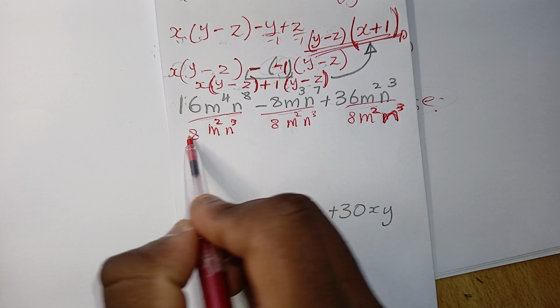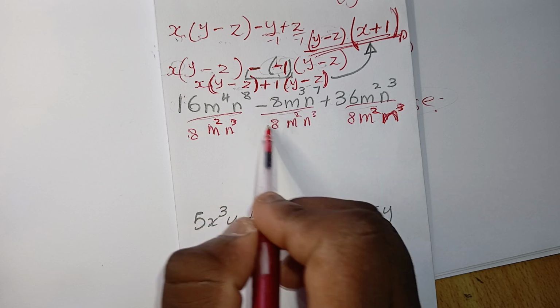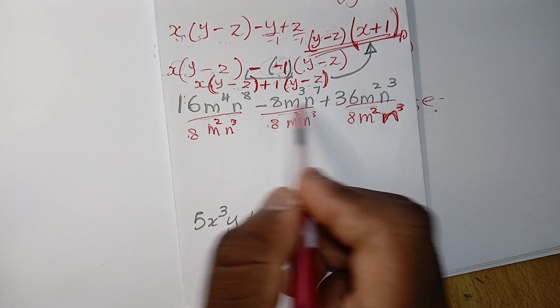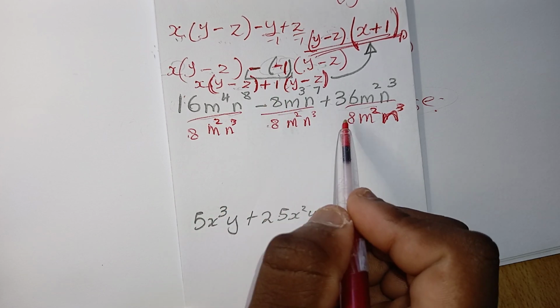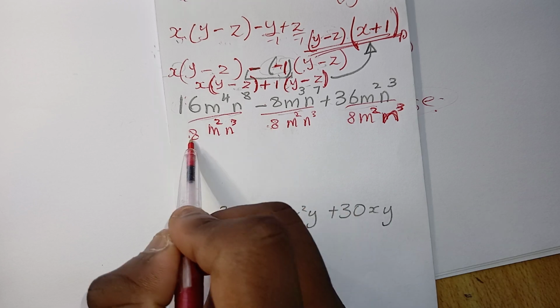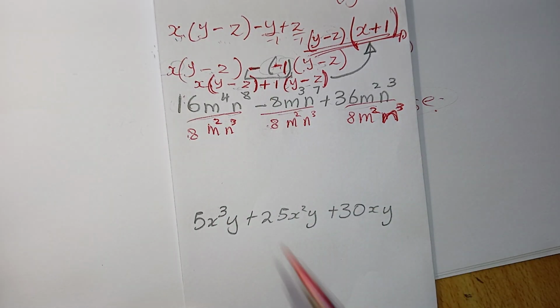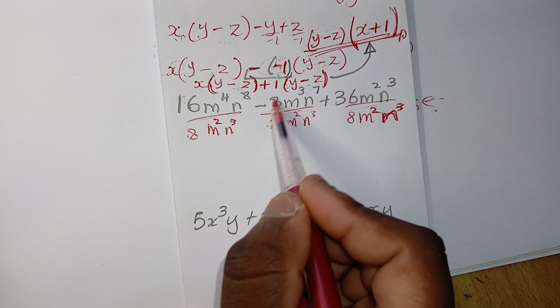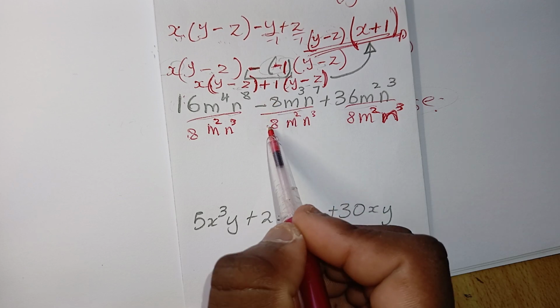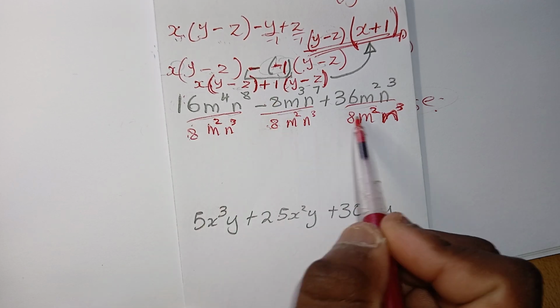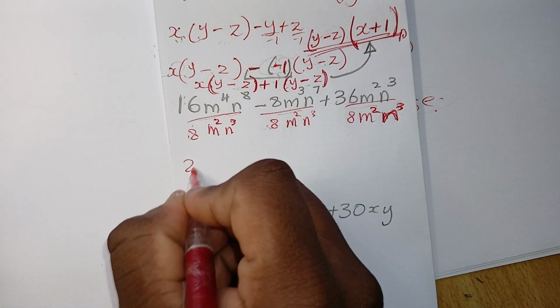If you divide by 16, 16, 16, it will give me a fraction here. If we take 36, divide by 36, 36, 36, it will give me a fraction here and there. So it is better to take a bigger number, which is 8, that you can divide here and there and there. So this one is my common factor.